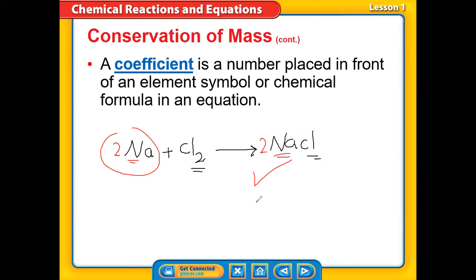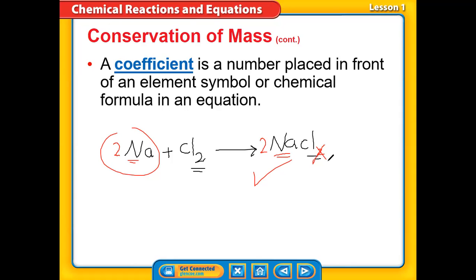So why can't the 2 be added next to the Cl, as a subscript? Because again, we never change subscripts, because the subscript is part of the identity of the substance. Like for example, your name is Judy. Could I put a dot above it, or change the O to an A?